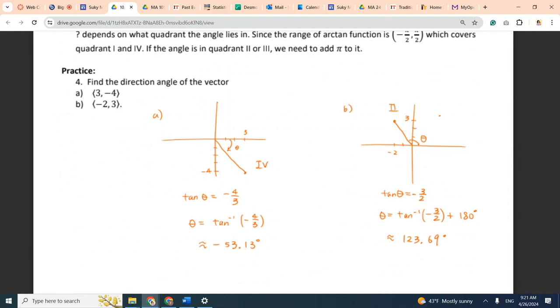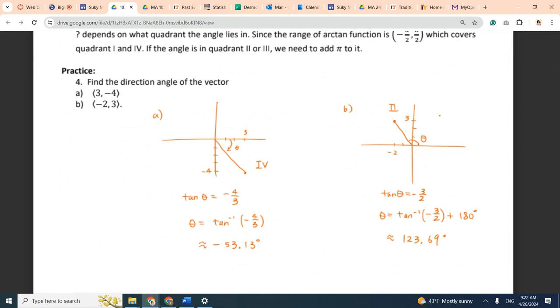Okay, everybody? Similarly, if I give you a point that is in quadrant 3, when you have quadrant 3, your x will be positive or negative? Negative. Your y will be negative. So your y over x will be positive. So take arctangent of a positive number, your angle will be in quadrant 1.